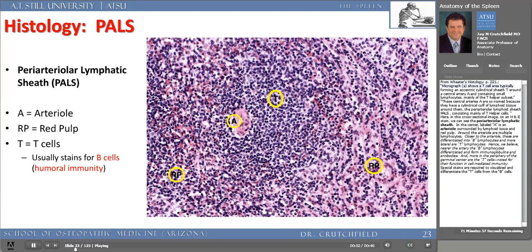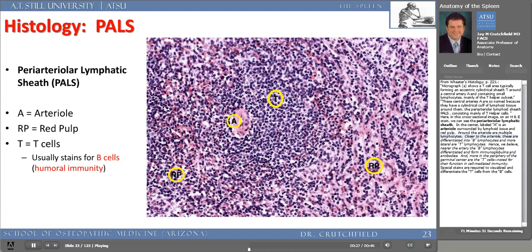Here in this cross-sectional image on an H&E stain, we can see the periarteriolar lymphatic sheath. In the center, labeled A, is an arteriole, surrounded by lymphoid tissue and red pulp. Around the arteriole are multiple lymphocytes. Closer to the arteriole, these are differentiated into B lymphocytes, and more lateral are T lymphocytes.